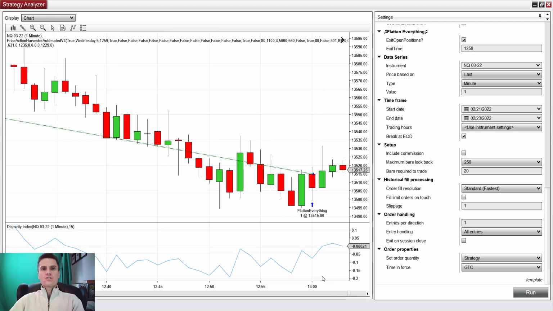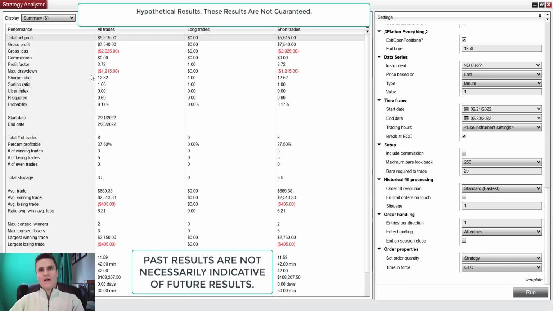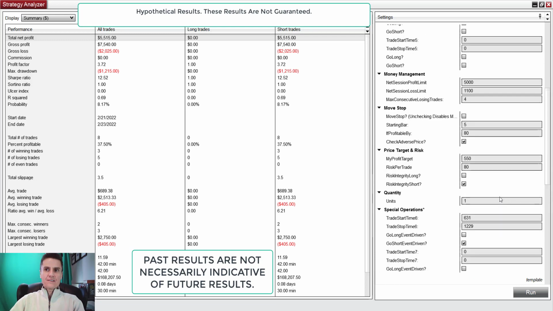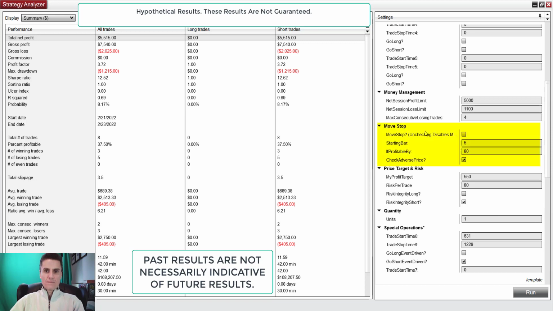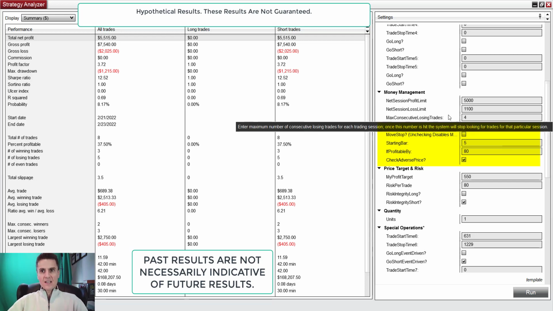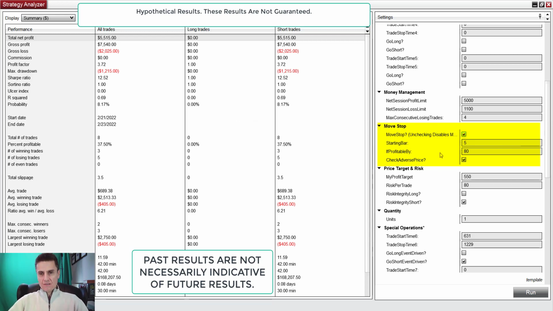Okay. So now let's go back to the overall. So we have the summary. That's 55.15. Now I'm going to add what I had stated earlier. Move stop. Okay. Move stop is saying, let me redefine what this is saying here, these parameters. Move stop is saying, if you've checked this, if you've been in the trade for at least 5 minutes, why?